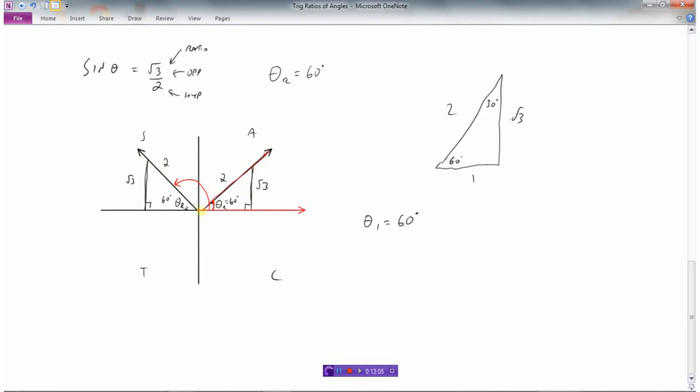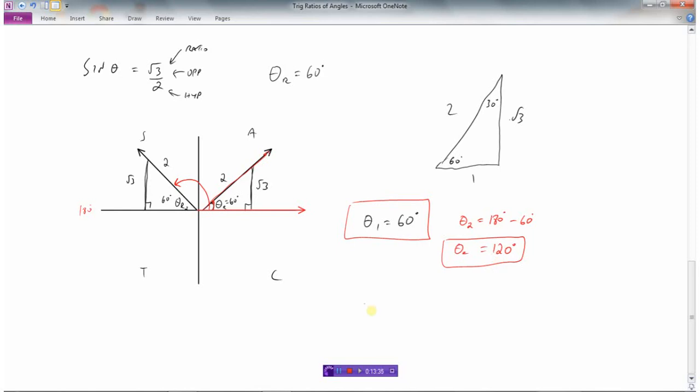So this second answer, how am I going to find that? Well, I know that this is 180 degrees all the way to here, and this little reference angle we found to be 60, so my second solution is going to be 180 degrees minus 60 degrees. And of course, that's 120 degrees. So there's two solutions here. The first one is 60 degrees, and the second one would be 120 degrees.